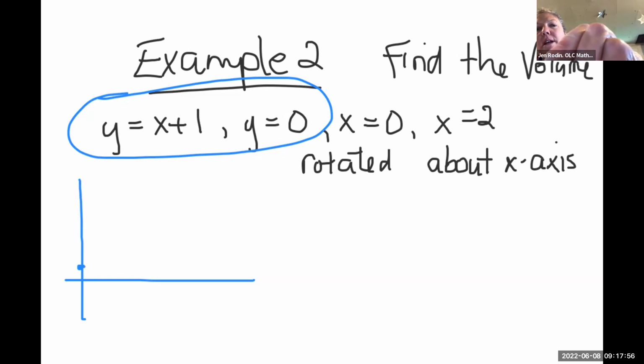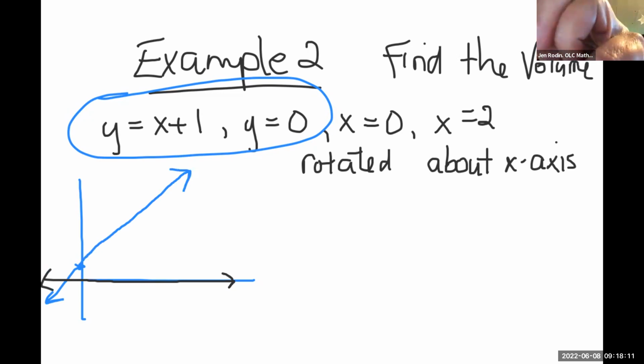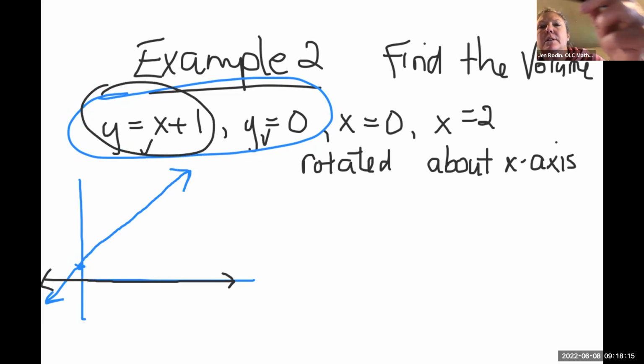A 45-degree angle should be about like that. And then y equals 0 is the other boundary here. This is going to be the one that defines our radius.